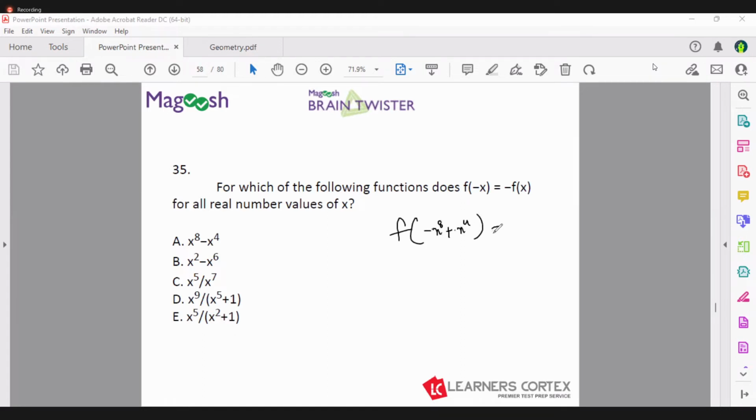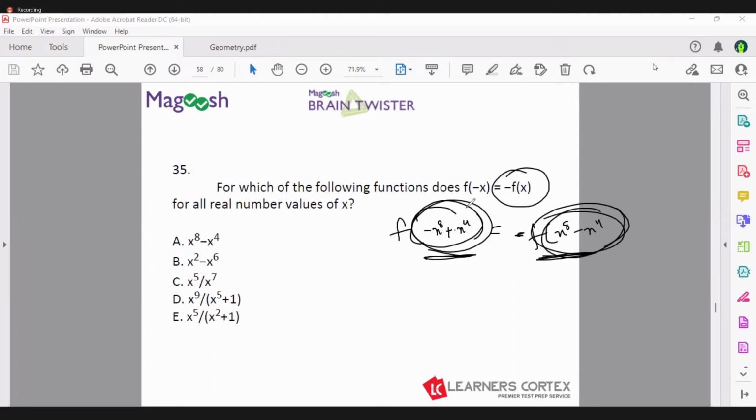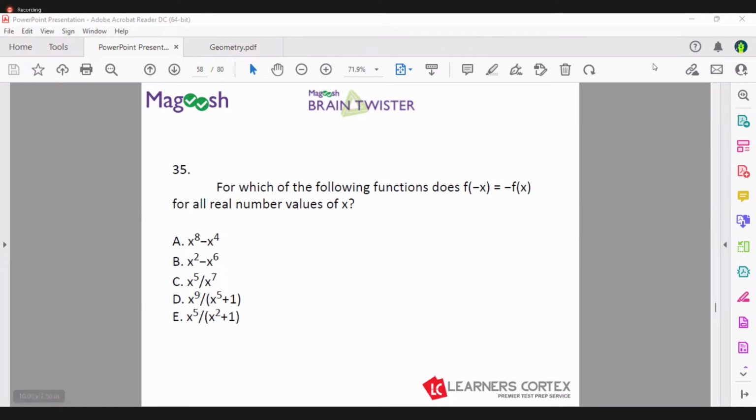And if we put this here as the function, this becomes f of x equal to x to the power 8 minus x to the power 4. So these two will not be equal because the signs are in reverse. Is it making sense? Is there anyone who has not particularly understood this part?